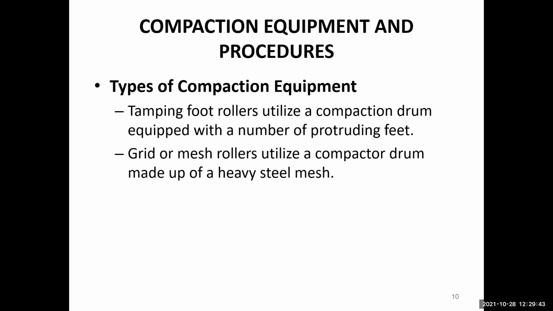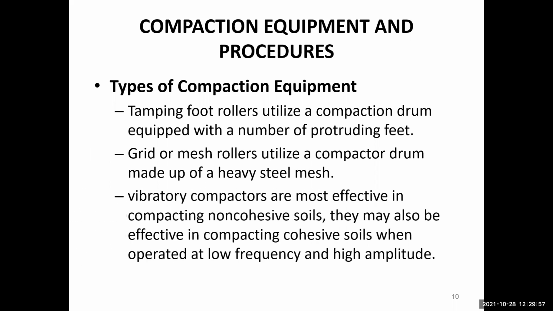On the other hand, there may be grid or mesh rollers that utilize a compactor drum made up of a heavy steel mesh. So instead of the protruding feet, they have the heavy steel mesh. The vibratory compactors are most effective in compacting non-cohesive soils. They may also be effective in compacting cohesive soils when operated at low frequency and high amplitude.